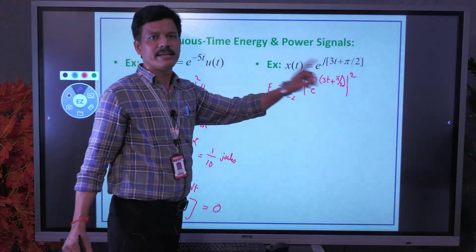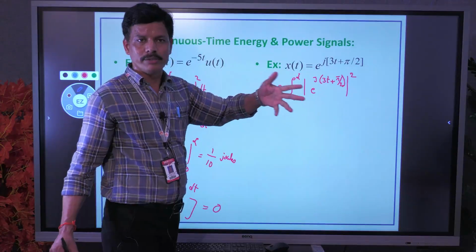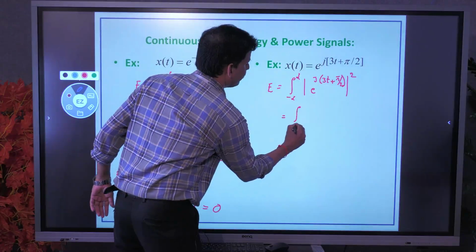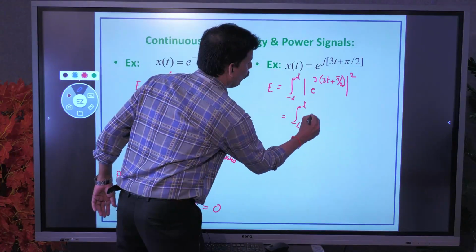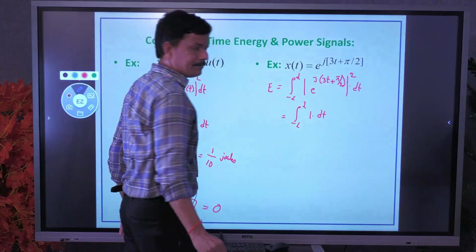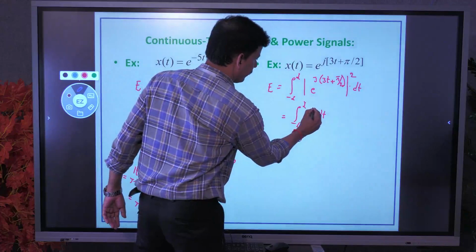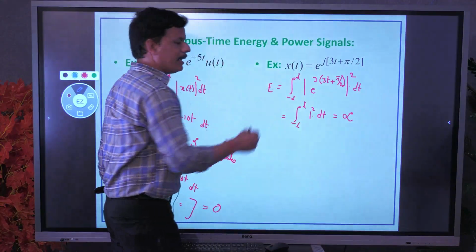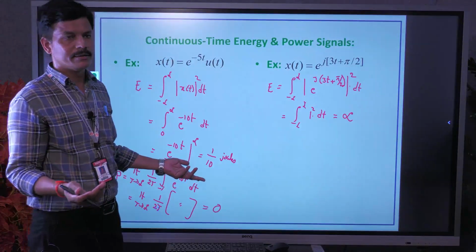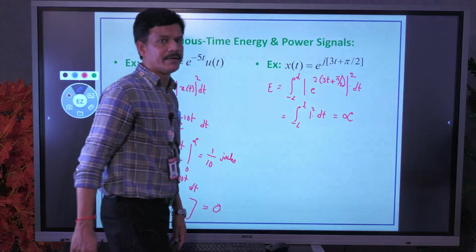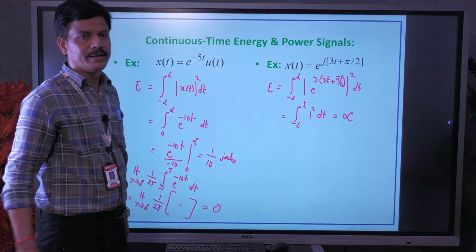Magnitude of e power j theta equal to 1, that is a known thing. So you can easily calculate integral minus infinity to infinity 1 square dt, and if you calculate, we get infinity. So the total energy is infinity for it.